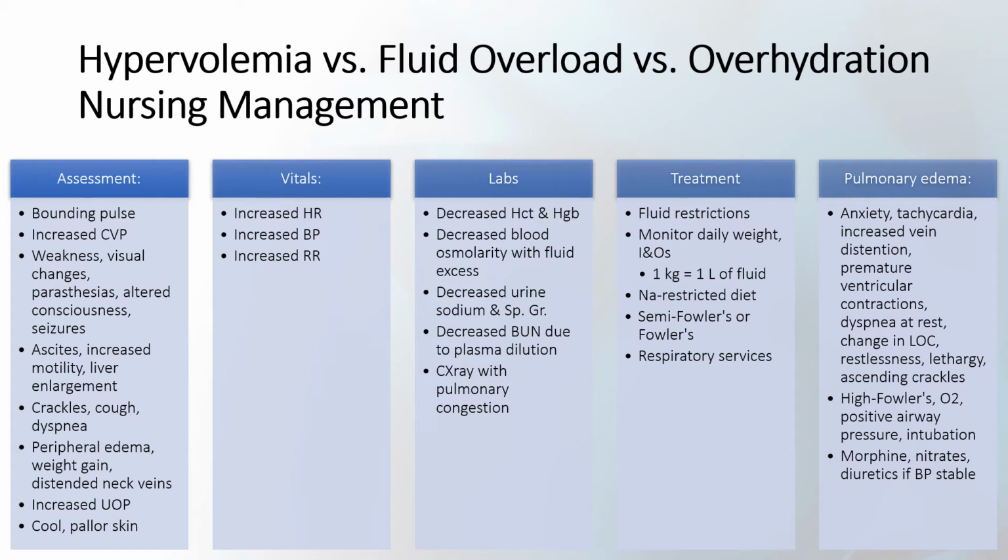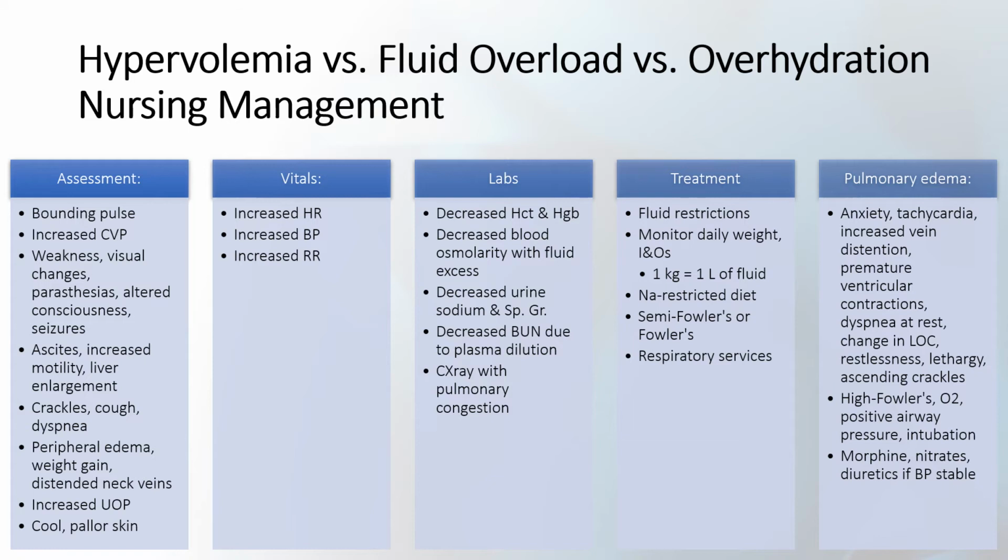With assessment, these two are very similar again, with minor differences. On assessment, fluid volume excess clients are going to have a bounding pulse and an increase in central venous pressure. Remember, we just have excessive circulating volume in most of these cases.